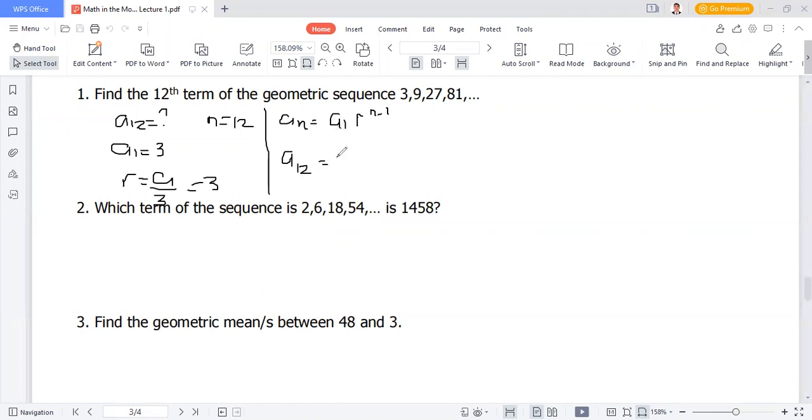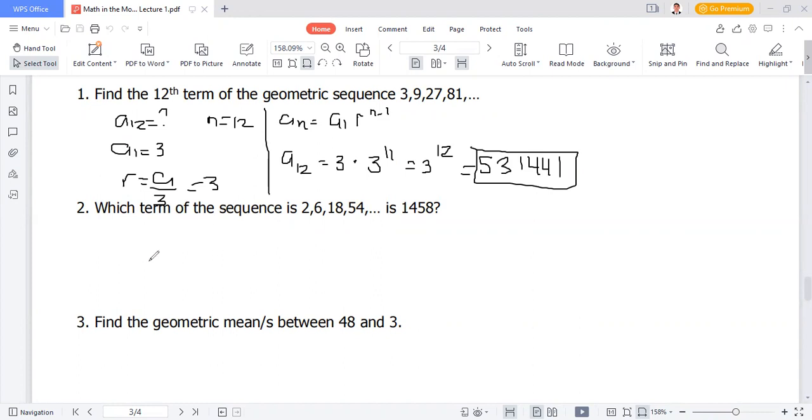That is A sub 1, 3 times, ang R natin ay 3 raised to 12 minus 1 or 11. And that is 3 raised to 12. So ano yung 3 raised to 12? So that is 531441. You can check it kung tama. So 531441.